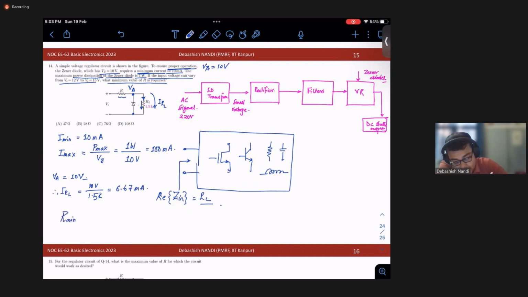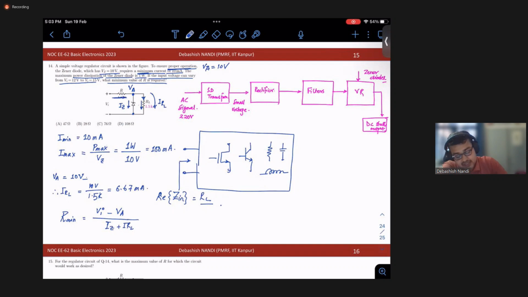So R minimum will be VI minus VA divided by the current through it. So what is the current through it? Let's say this is IZ plus IRL. This is nothing but KCL, right? This current is nothing but the sum of these two currents.